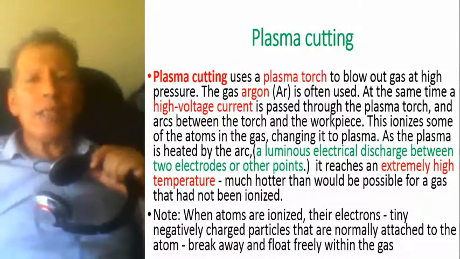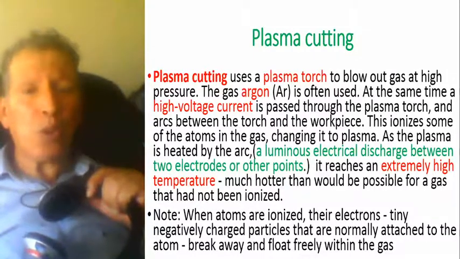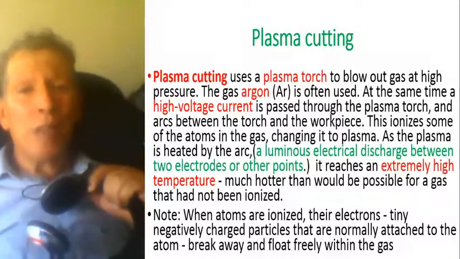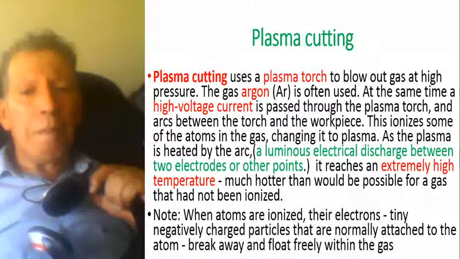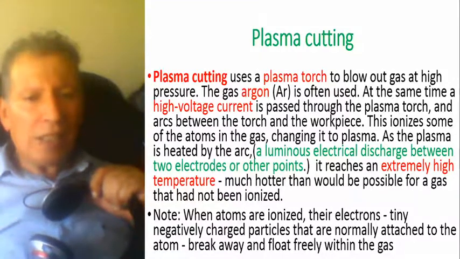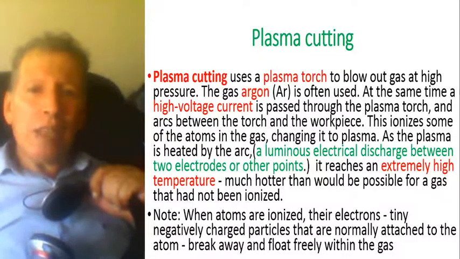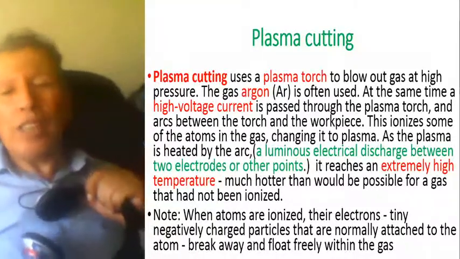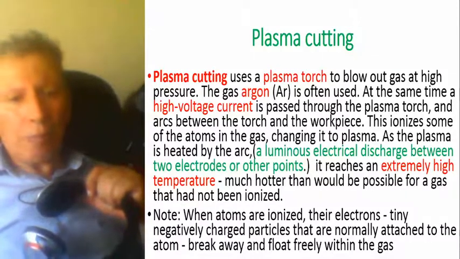It reaches an extremely high temperature. Probably this technique is used with very hard materials. Much hotter than would be possible for a gas that had not been ionized. So the novelty here, or the addition here, is the ionization.